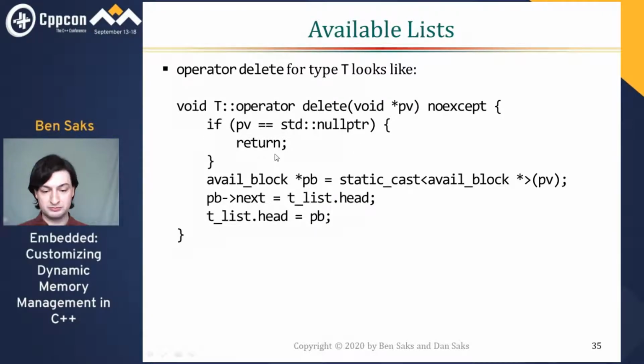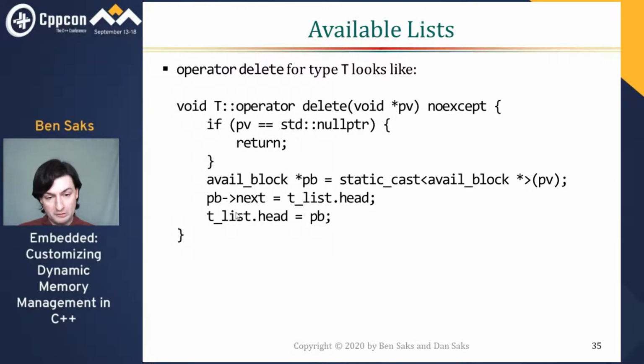If so, just return; deleting null does nothing. Otherwise, convert the pointer to void that we got into a pointer to an avail block here, and put it back on the front of the list. Set it up so that it points to the current head of the list, and then it becomes the new head.